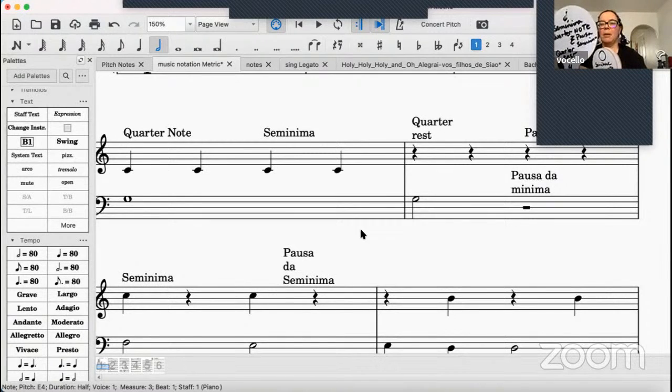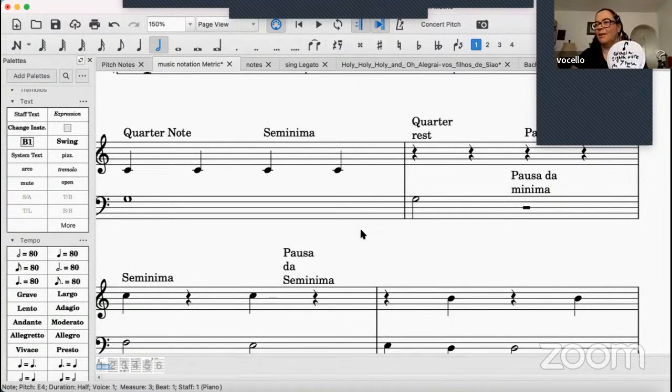Seminima is the quarter of the whole note and half of the half note. Eighth note or colcheia is half of the quarter note, 1/4 of the half note and 1/8 of the whole note.